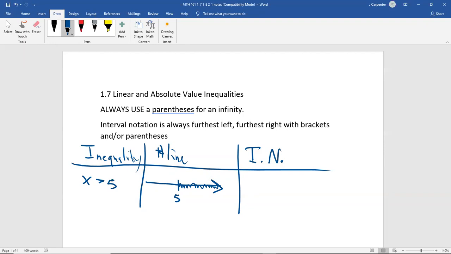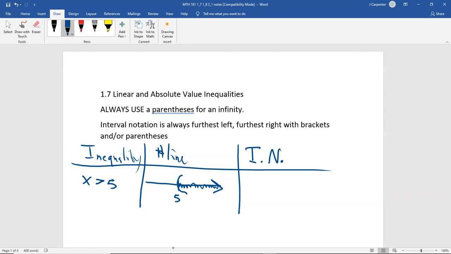Now, you may have come from a class where you did open and closed circles. In this instance, it would be an open circle, but that's not the notation I'm going to be using. We'll still use that notation on two-dimensional graphs, but what we typically like to use at this level is parentheses and brackets. Parentheses is used whenever you have a greater than or a less than.